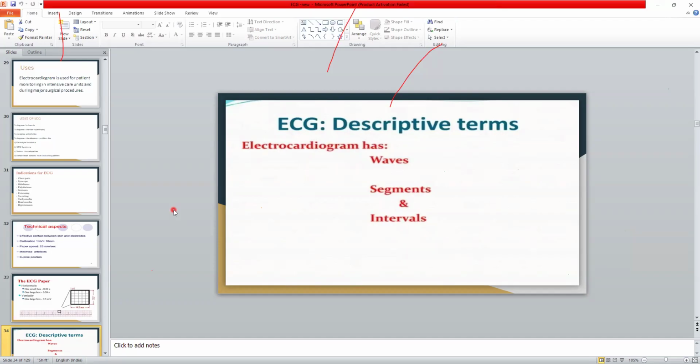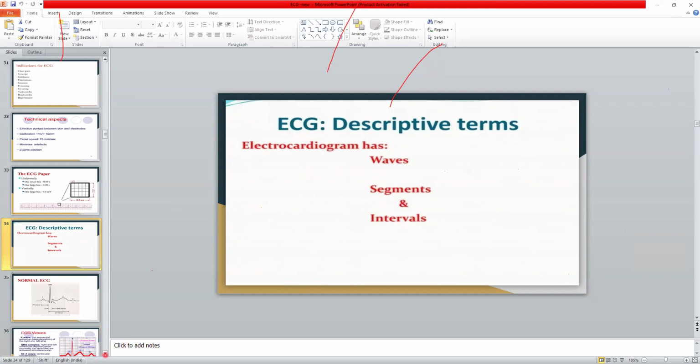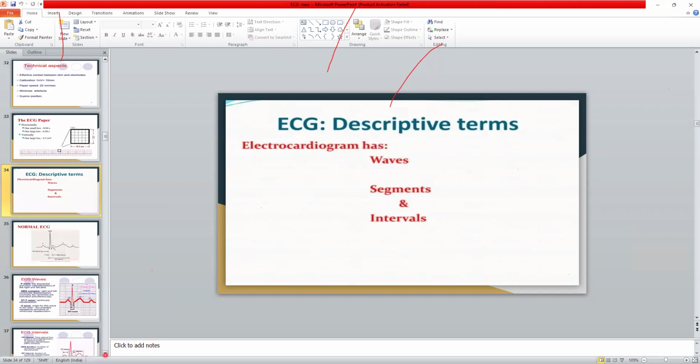So what are the descriptive terms that are used in the electrocardiogram? ECG has waves, segments, intervals, and the complex. So let us see what are the waves, what are the intervals, and what are the segments.